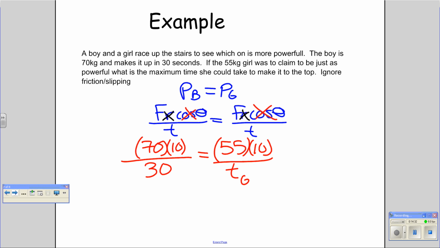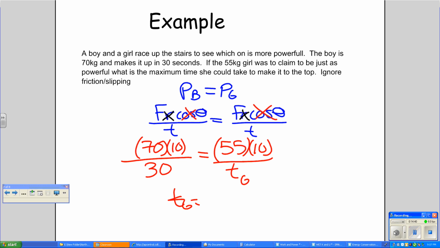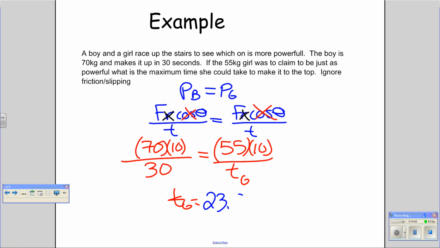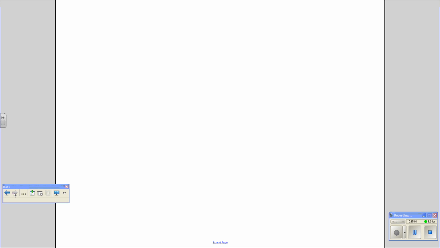So you solve for T of the girl, and you will get the time that she needs in order to be just as powerful, which is 23.57 seconds. So the boy can take 30 seconds, she has to do it in 23.57. So she has to be faster because she has less mass. So she needs to do less work. Alright, that's it.